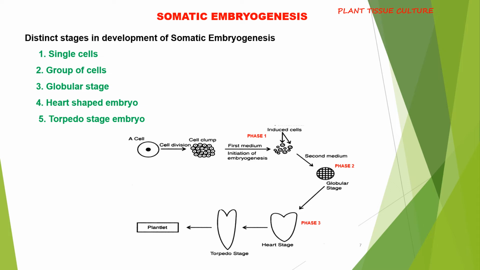This could be a direct or an indirect method. This is then followed by the developmental stages and the maturation stages of the embryo, which are the globular stage, the heart-shaped embryo, and the torpedo stage. These torpedo stages then develop into a plantlet.